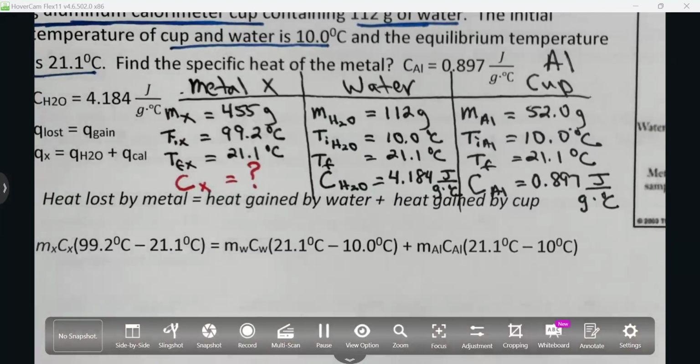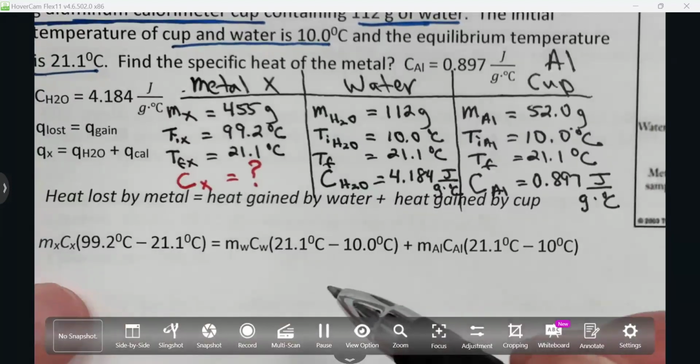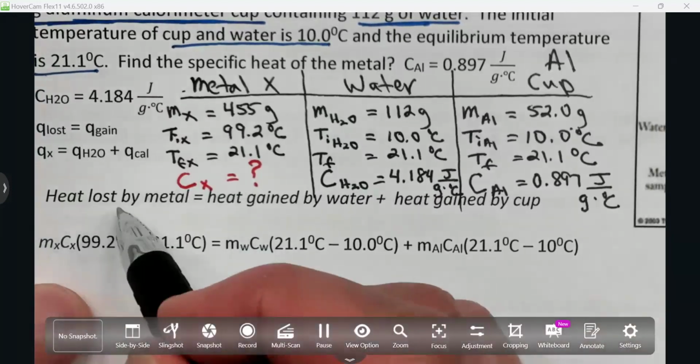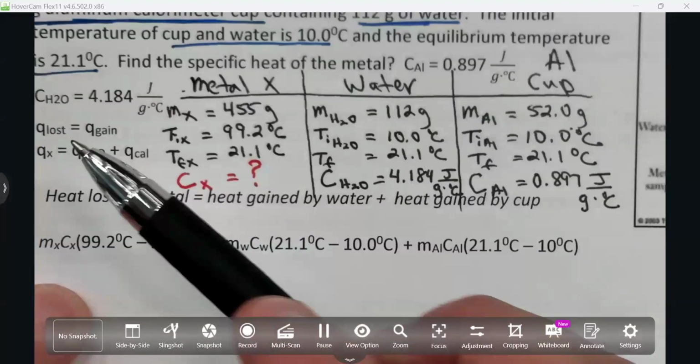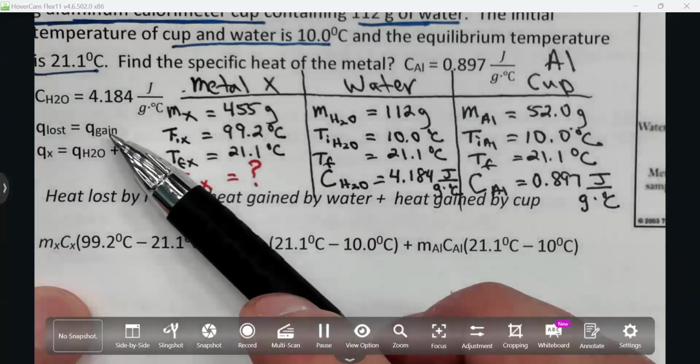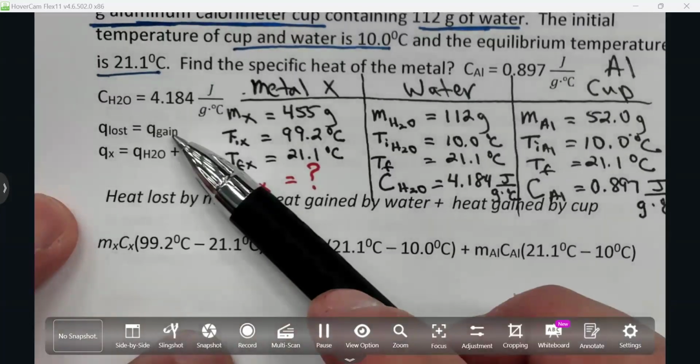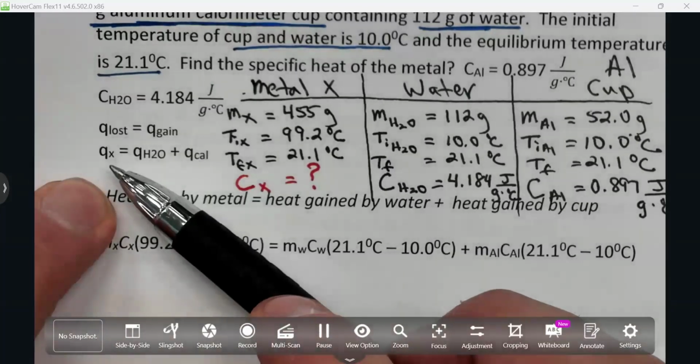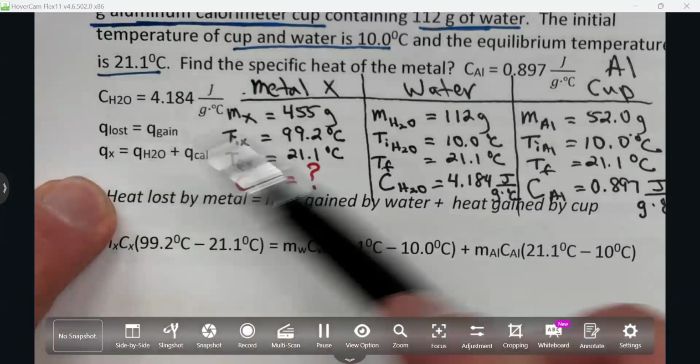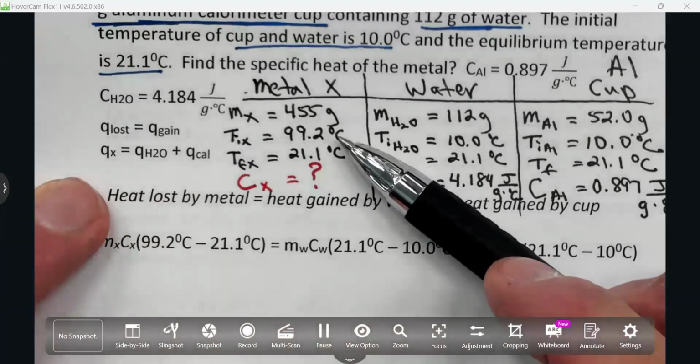Okay. So we know that Q lost equals Q gain. What's going to lose heat is my metal, right? It starts out at 99.2.